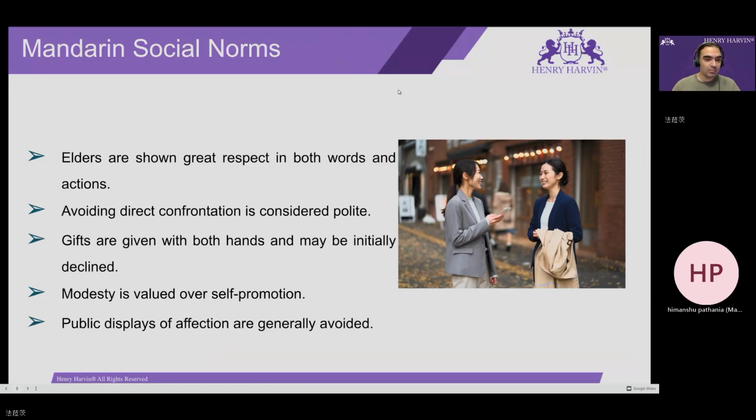It's more of a never ending learning cycle when it comes to learning or achieving something in their society. So public displays of affection are generally avoided in Chinese culture and not considered very polite. So this is also an important aspect of their social norms.